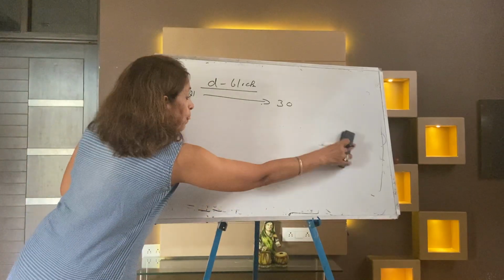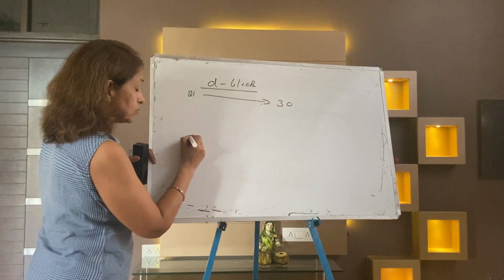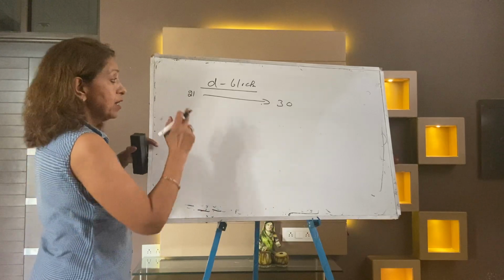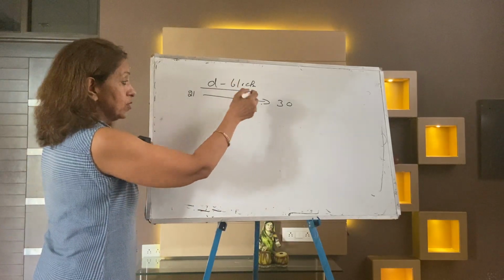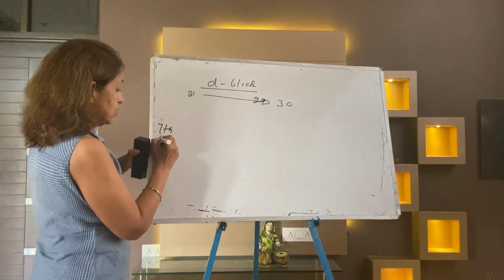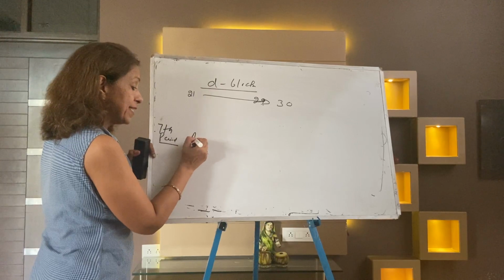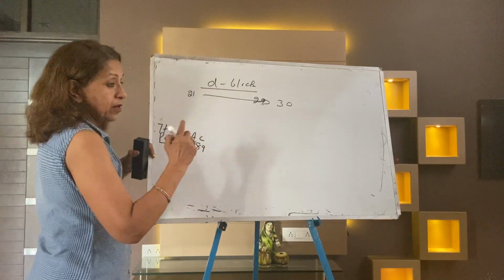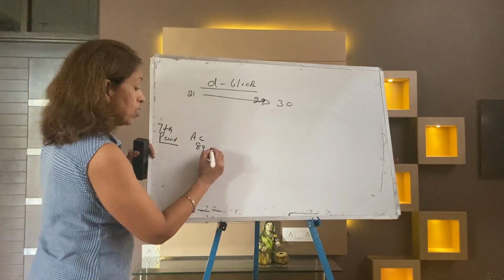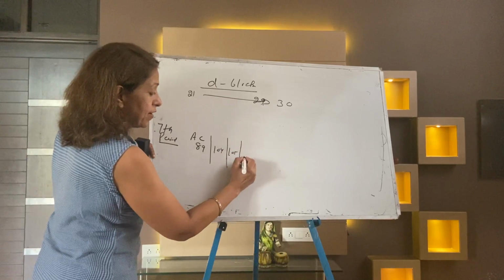Now again listen. It's the last element. The first started from 21 to 30, and this is 29. Coming to the seventh period, because it is asking about the last element. The seventh period again started from AC, 89, 90 to 103 is in the F block, 104, then 105, 106.